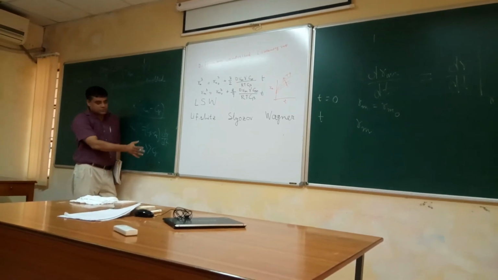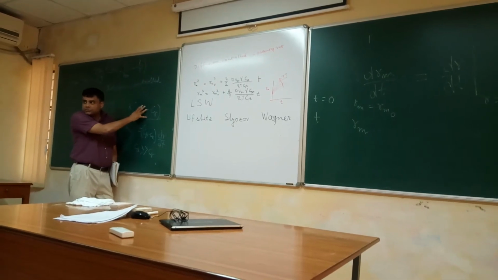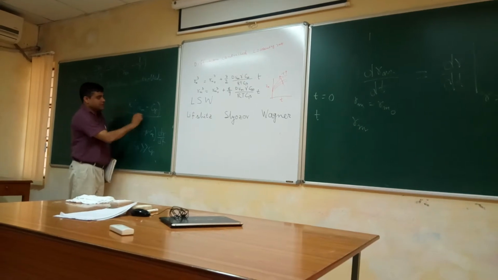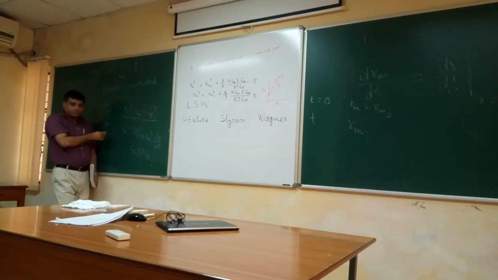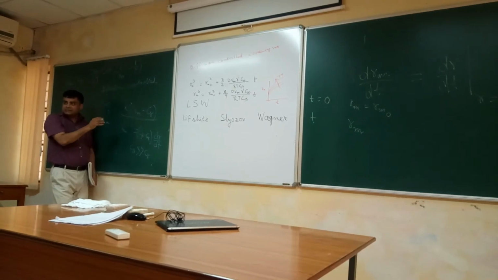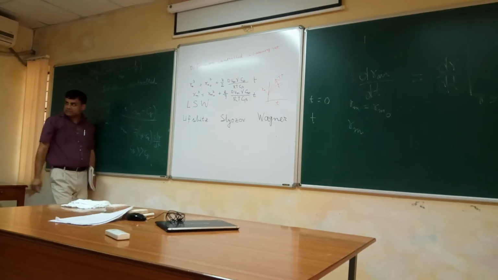That is the flux, which is proportional to the driving force. So the flux of atoms going inside the particle from the matrix is given by this. We are equating those two fluxes.